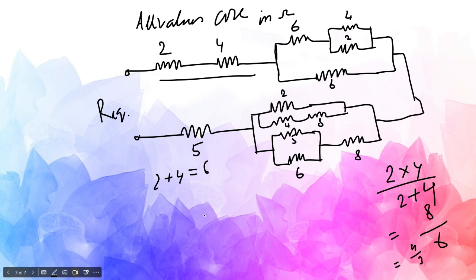So this has become 4 by 3, right? Let us start drawing the equivalent circuit. This one is 6. And then we have branches. One is 6, another has become 4 by 3. Now here also it is 6.